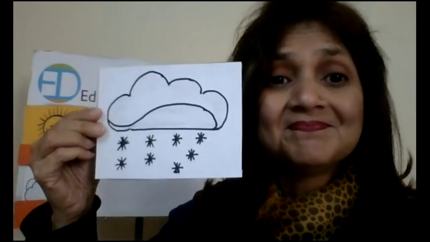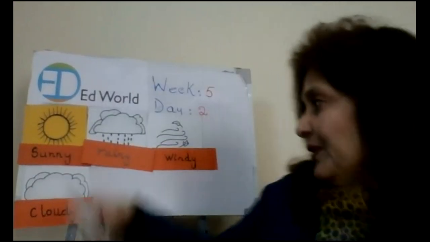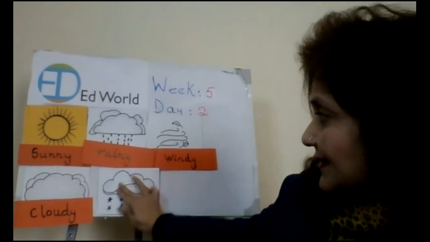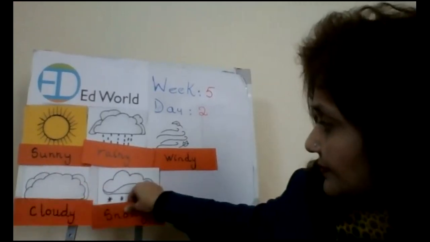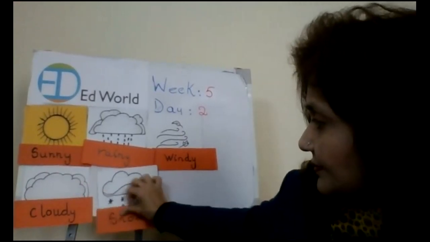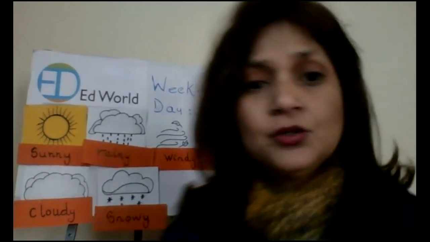Last one. Which symbol is this? It's snowing. Wow, great. So these were all the weather symbols with weather words: cloudy, windy, sunny.